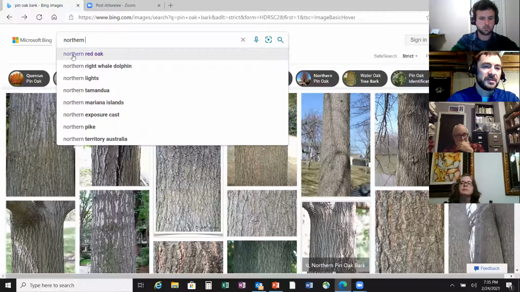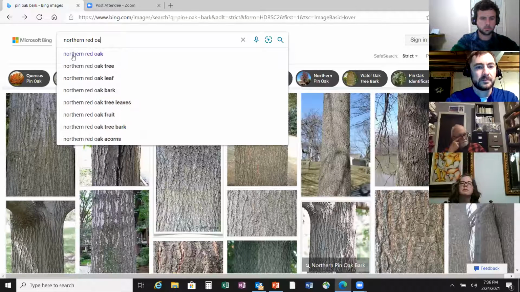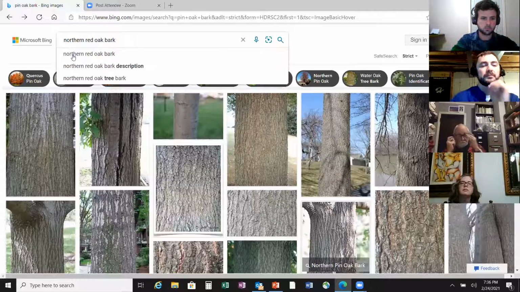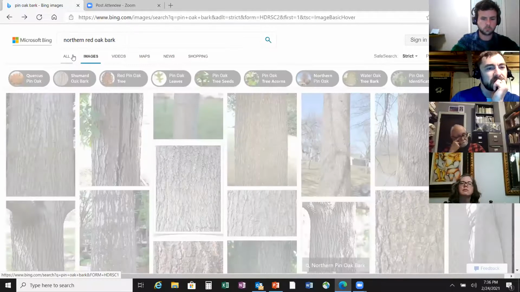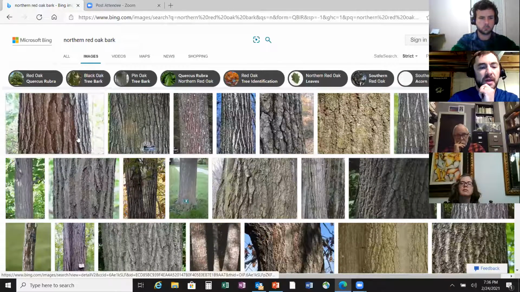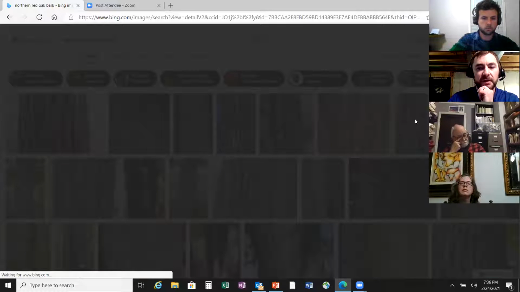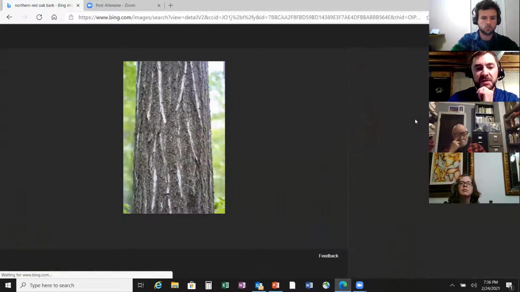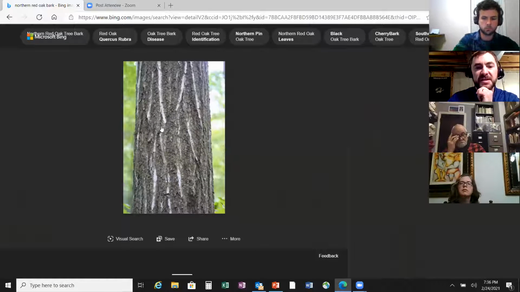and you look up into it, or Quercus rubra, as we've learned on some Latin terms here, you're going to have more defined striations. This is a good one here. And as you look up into it, I like to call them ski slopes.